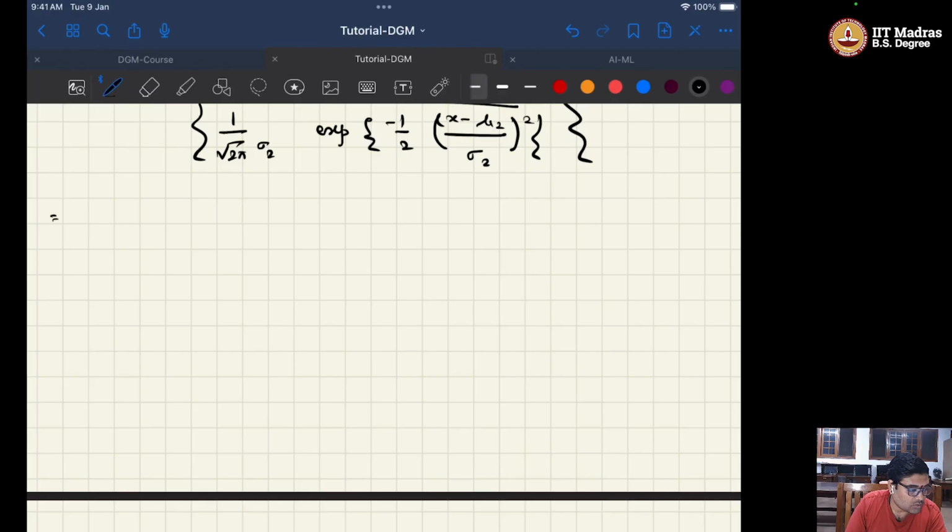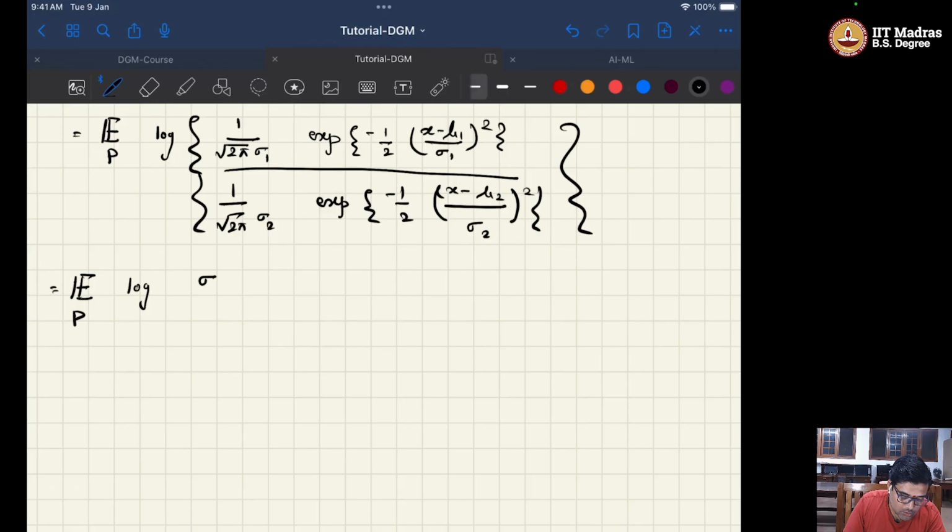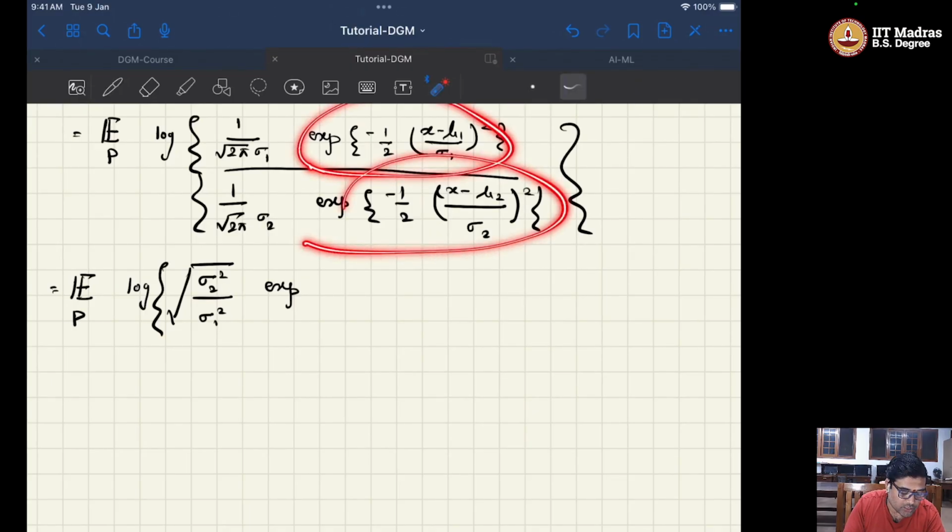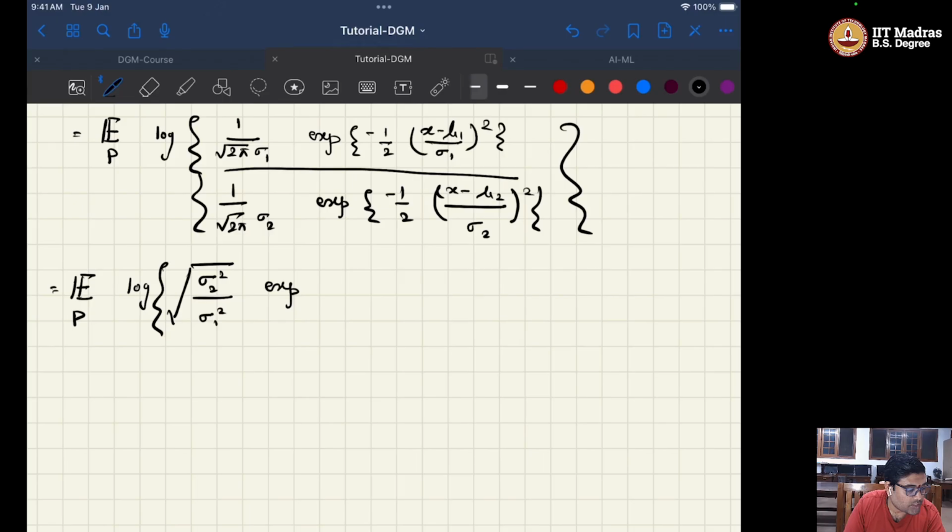So now, let's do this. There is an expectation with respect to distribution P. Then log of sigma 2 square divided by sigma 1 square, square root of this, exp of something divided by something. E to the power of something divided by something. So you know how to do it, right? You have to subtract.